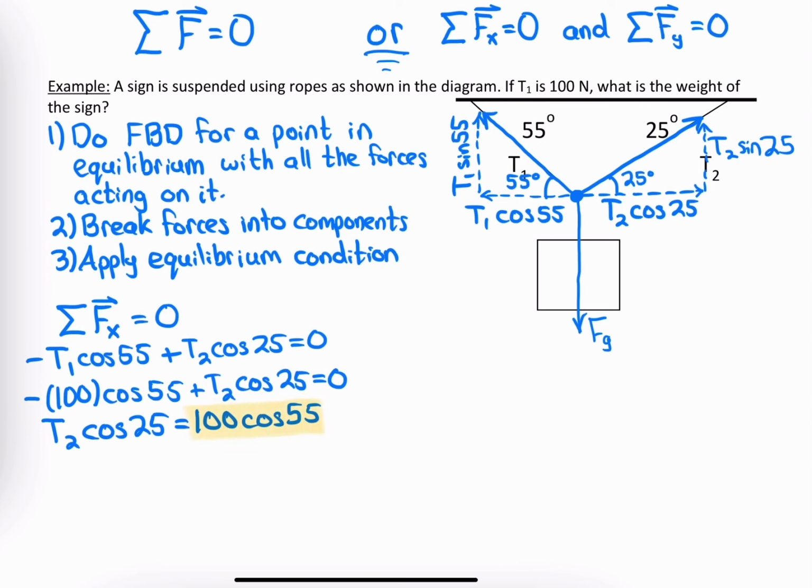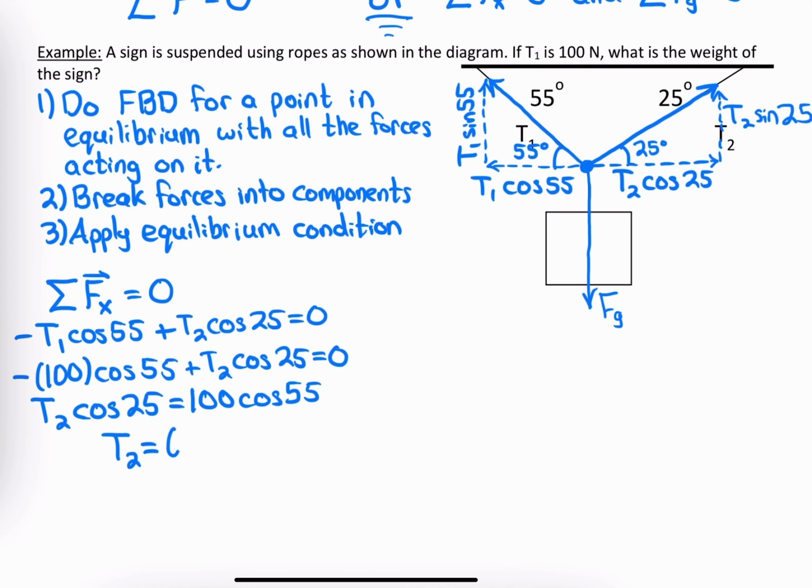This guy is just going to be a number, and when I divide it by this, I'll get T2, .287 newtons. I'm keeping a few more sig figs here than I normally would because this is not my final answer. So the thing I am looking for is the weight of the sign.